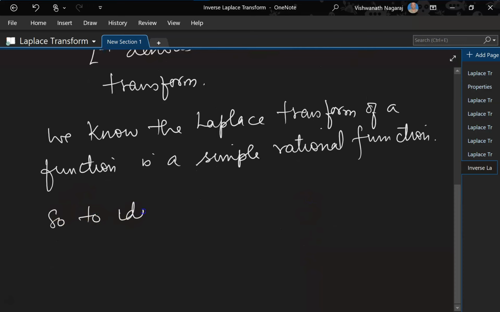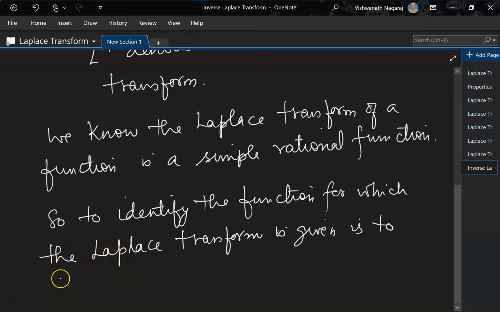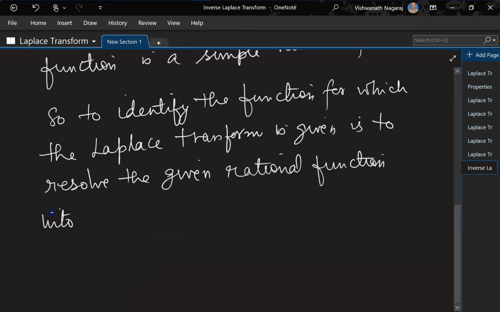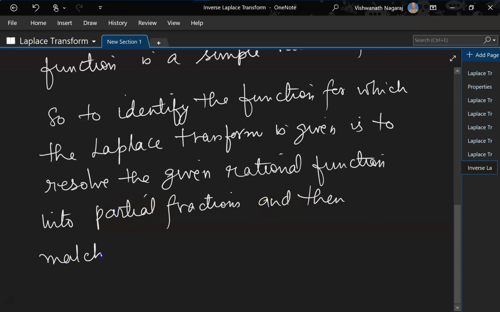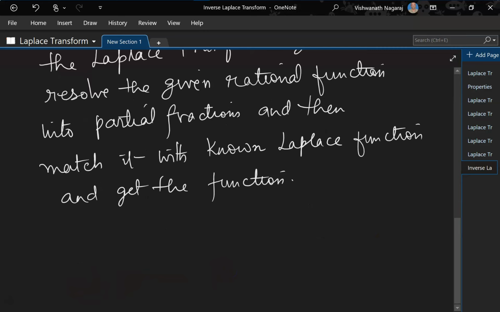So to identify the function for which the Laplace transform is given is to resolve the given rational function into partial fractions and then match it with known Laplace functions and get the function. Okay, what do I mean by that? Let's actually look at some examples.